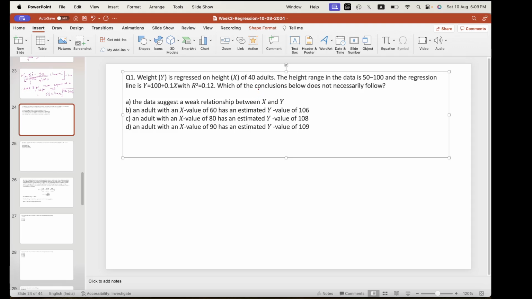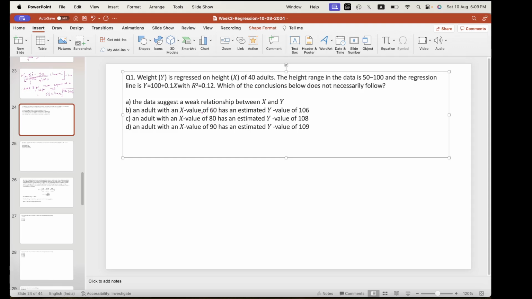But this one, conclusions does not necessarily follow. The data suggests weak relationship between x and y. This may or may not be true. Why? Because r square 0.12, whatever is given over here, is suggestive of a linear relationship.